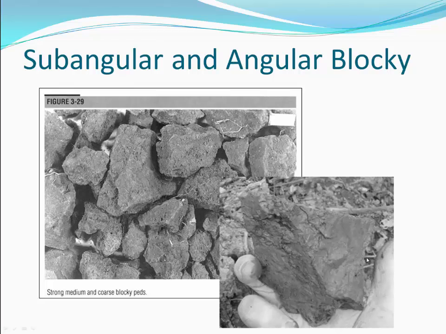But you can see for the most part, there's a lot of right angle edges on here, surfaces that intersect at 90 degrees. And so that defines the sharp edges, and the intersection at 90 degrees defines the angular blocky. And typically these are soils that have more clay content in them.